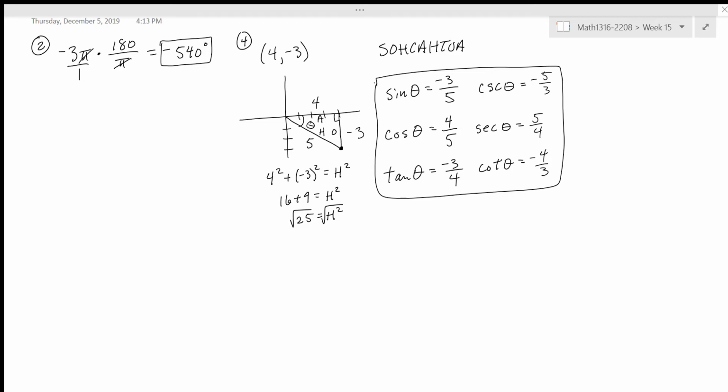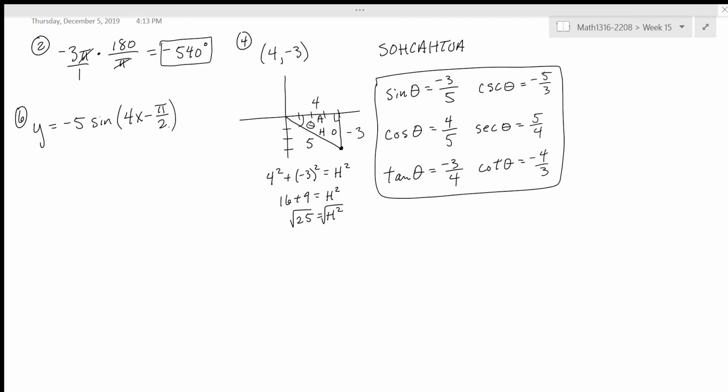Okay, here we go. Next problem. Number 6. Okay, so for problem number 6, it says determine the amplitude, the period, and the phase shift.